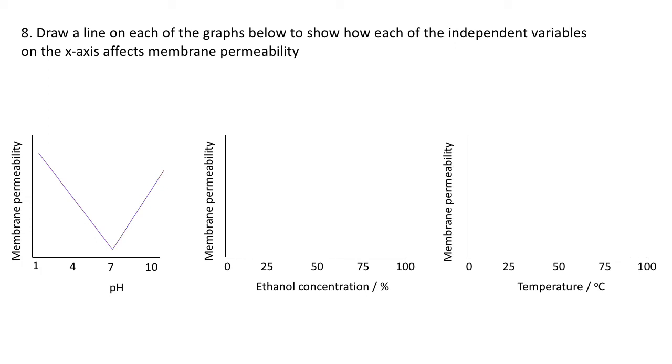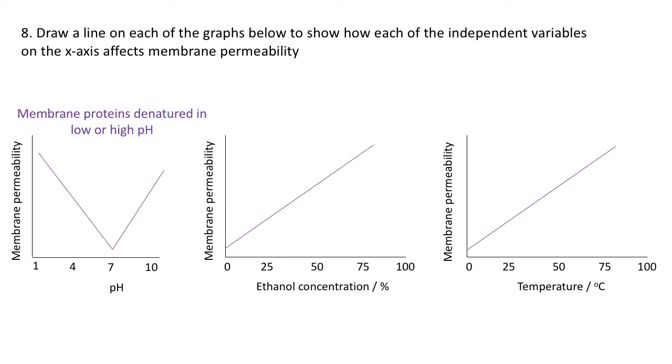For ethanol, going from a 0 concentration up to 100%, there is a gradual increase in membrane permeability. And finally, with temperature, the graph looks pretty much the same as with ethanol. The reason for these observations are given here.